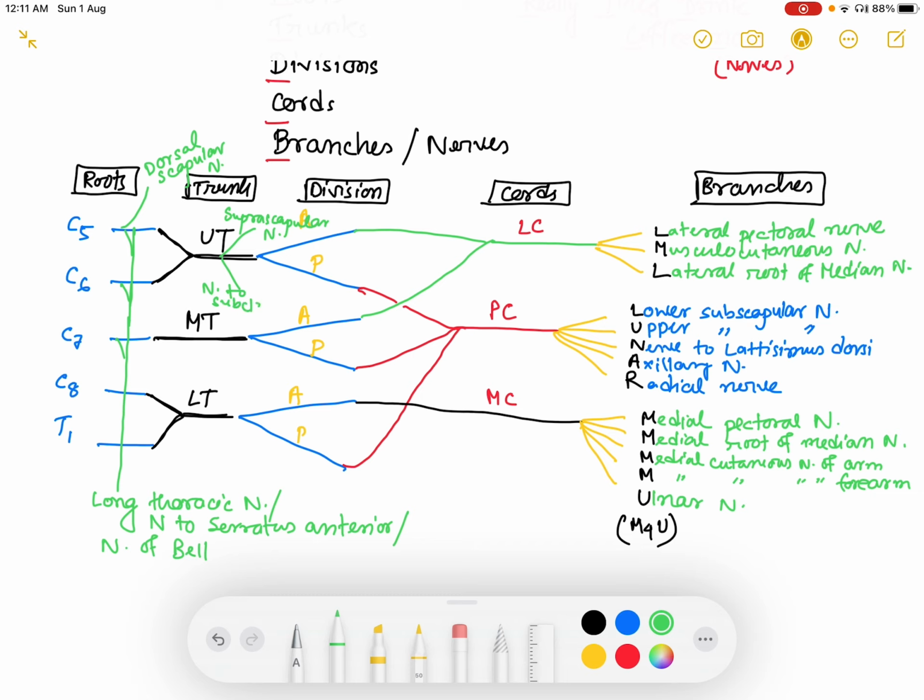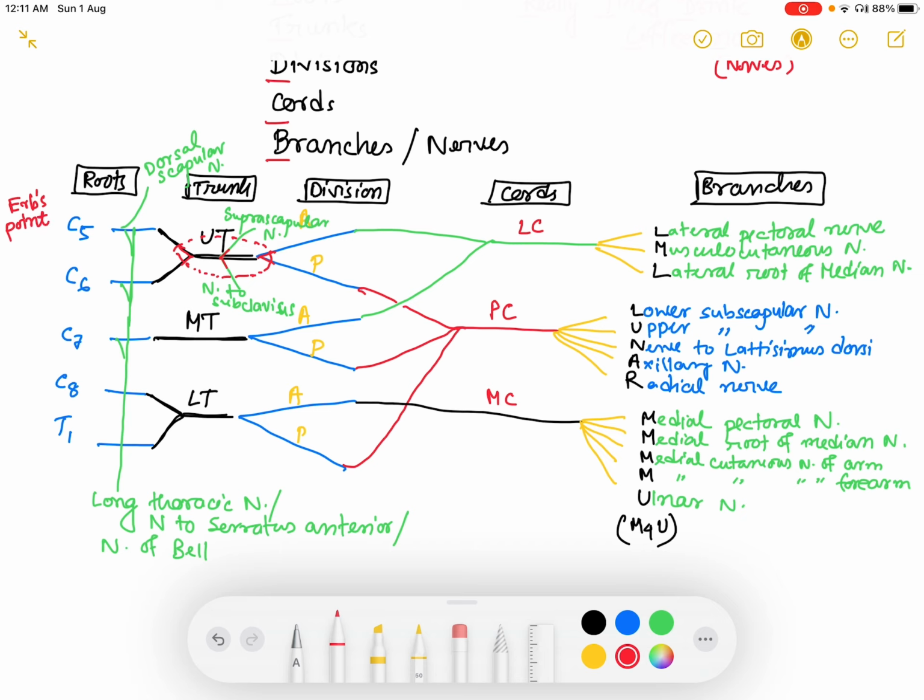The junction of these six nerves is called Erb's point: C5, C6, the anterior and posterior divisions of the upper trunk, along with the suprascapular nerve and nerve to subclavius. These six, 1, 2, 3, 4, 5, 6, meet at Erb's point. And injury to that point causes Erb's paralysis.